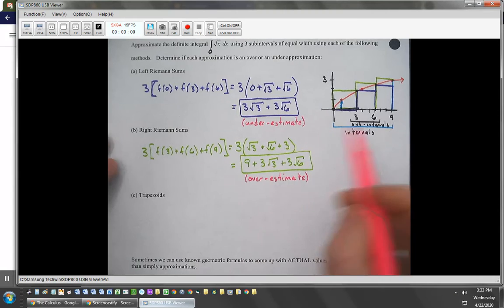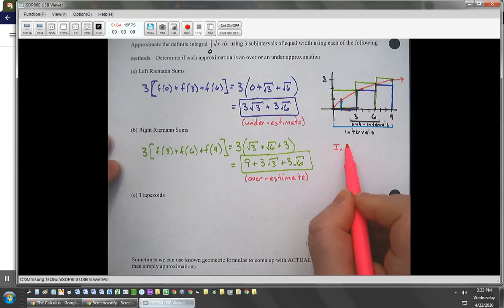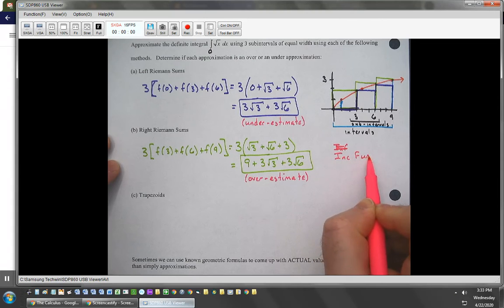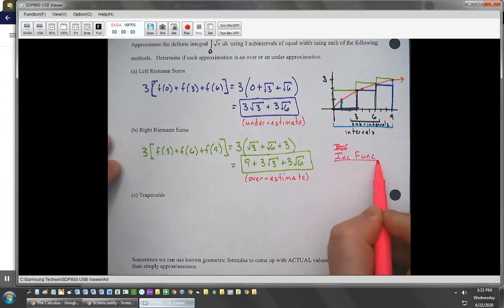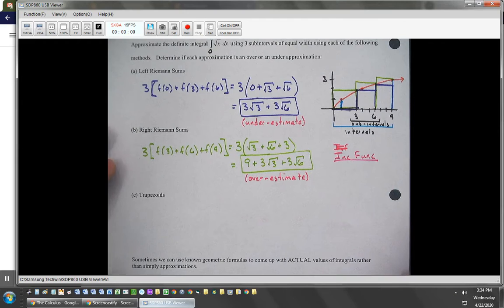Because we've got an increasing function, that's going to cause the left to be under, right to be over. All right, trapezoids. Oh, well, I'll talk about that in a sec. So I'll pause and encourage you to try it on your own.